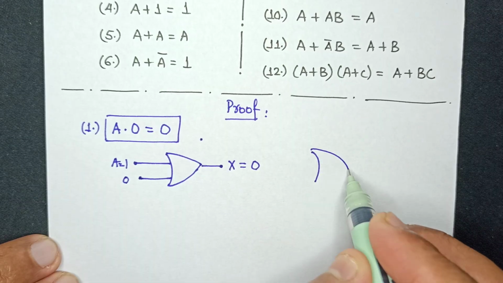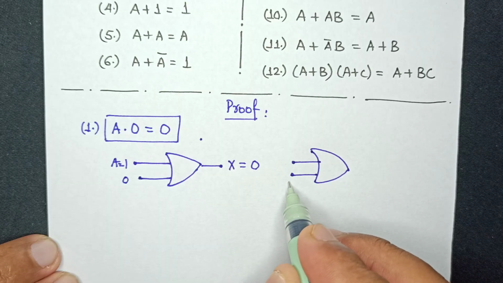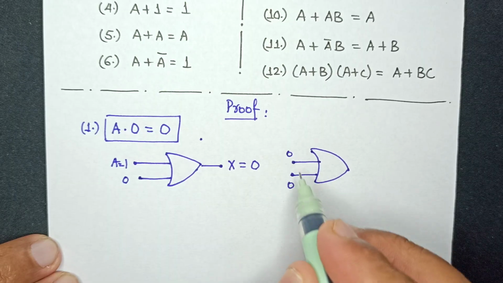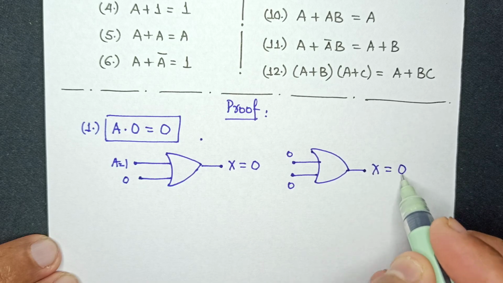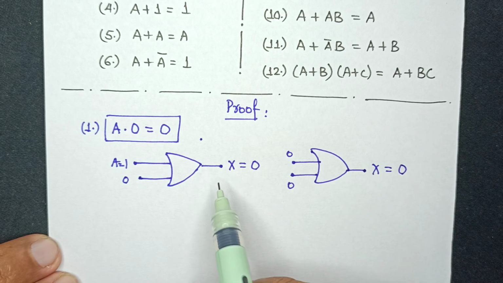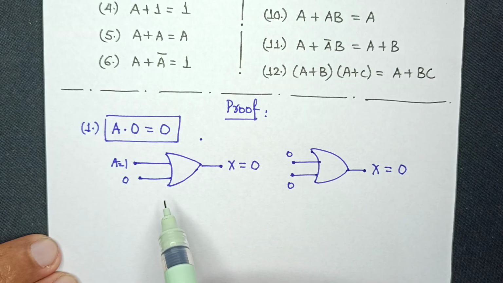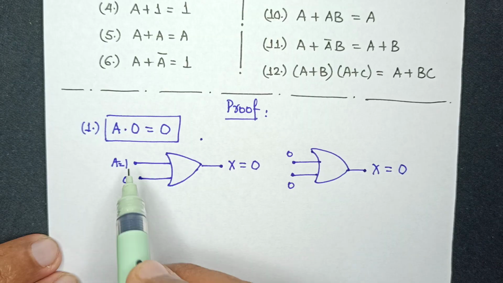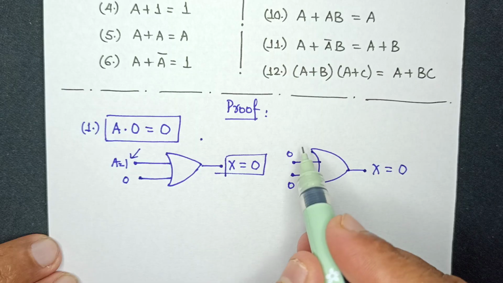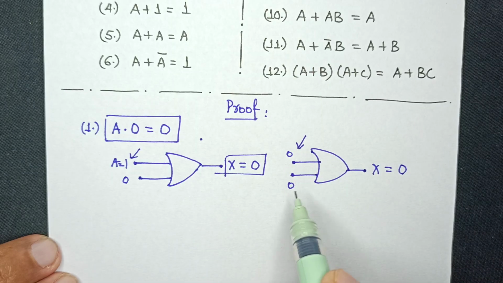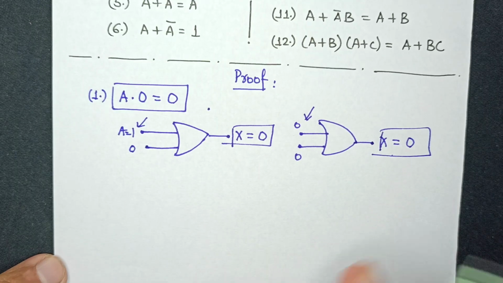Similarly, if I draw this logic gate and take one of the inputs as 0 and the other input as 0 as well, in this case as well I'll get the answer as 0. So basically this rule is illustrated in these two examples where the lower input is always fixed at 0. In the first case we have taken the input as 1, in that case the output is 0, and in the second case we have taken the input as 0, and even in that case the output is 0.